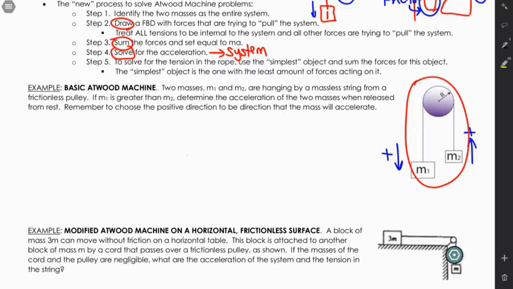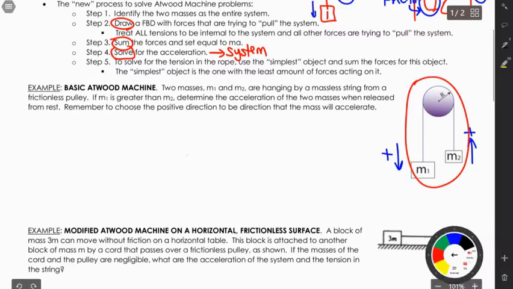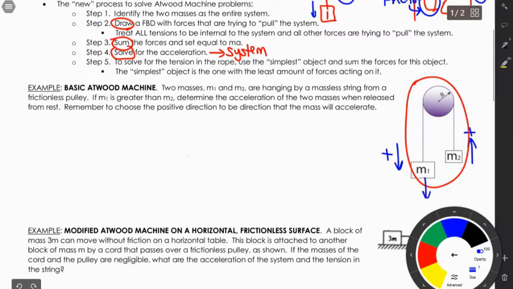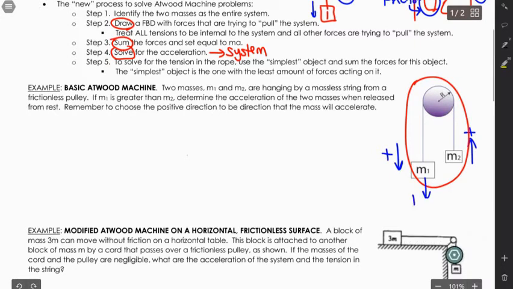But what is actually trying to pull these masses? Gravity's trying to pull both of them, right? Gravity's going to pull M1 this way, right? And then gravity wants to pull M2 this way.